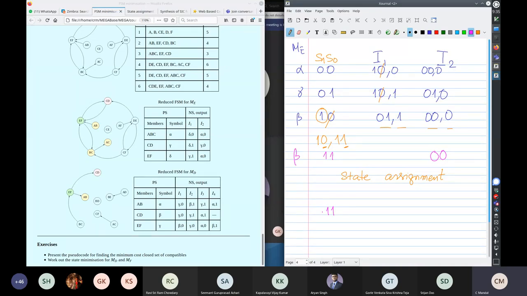So here I know that delta and let us say I2. Of course, I2 also, I've left it symbolic, but you got to code this also. That is actually input encoding.